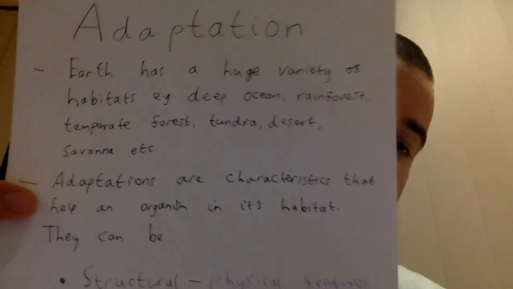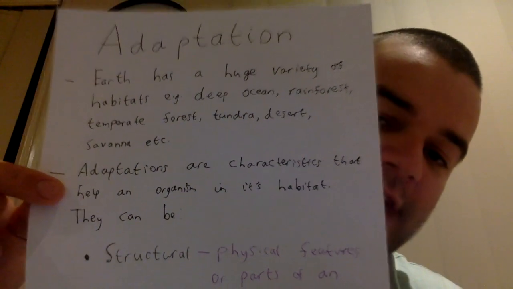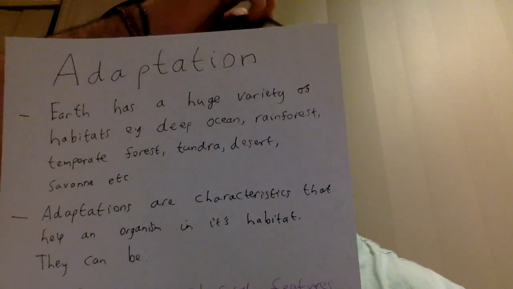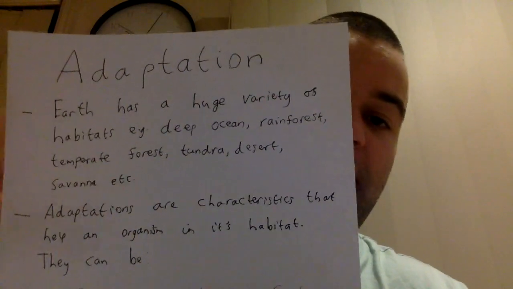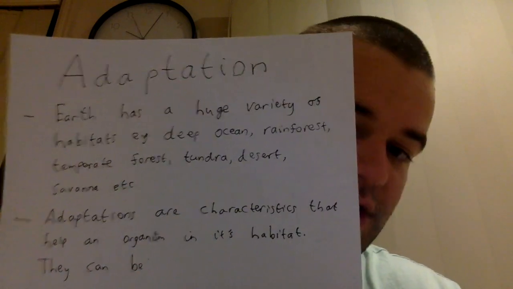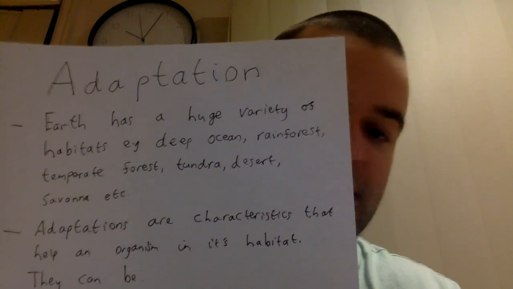So basically the key thing is that adaptations are characteristics that help an organism survive in its habitat. Okay? Earth has a huge variety of habitats like deep oceans, rainforests, temperate forests, tundra, desert, savanna. That's just a few of them.